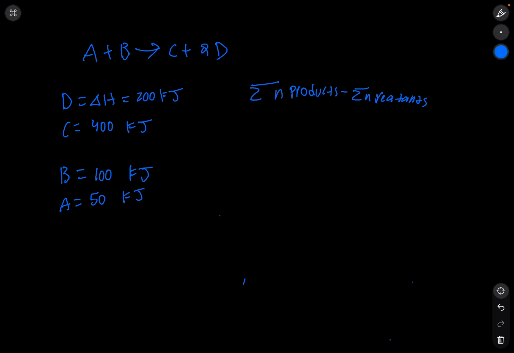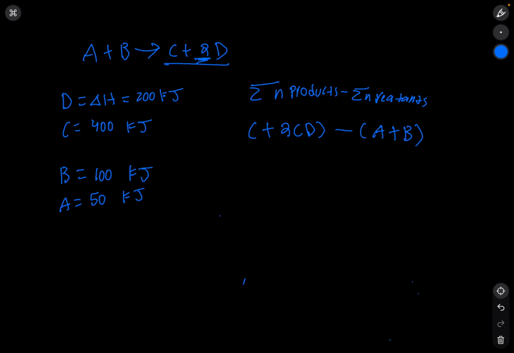So we see here that the products are C plus 2D. So we can write down C plus 2D. You see why I put D in parentheses, minus the reactants, which is moles times reactants. And then we can just put down A plus B. Now, the reason why I put D in parentheses is because it's being multiplied by 2.